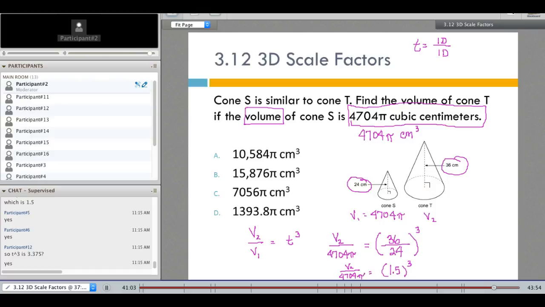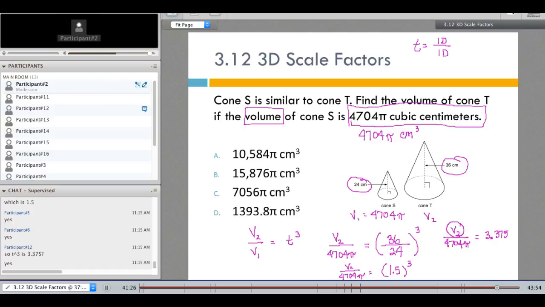Okay, so I'm multiplying each side by 4704 pi. And what's going to happen on the left is it's going to cause that 4704 pi in the denominator to cancel. And I'm going to get volume 2 by itself, which is my goal. And then I'm going to take 3.375 and multiply by, and I think that's what you were saying there, Tristan.